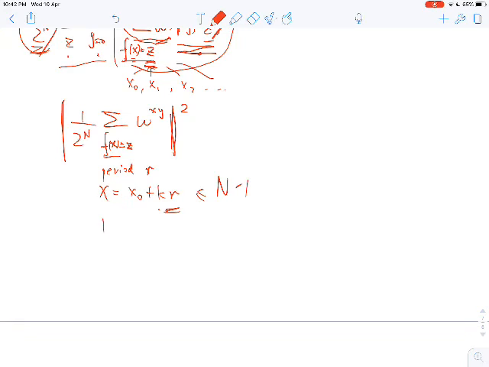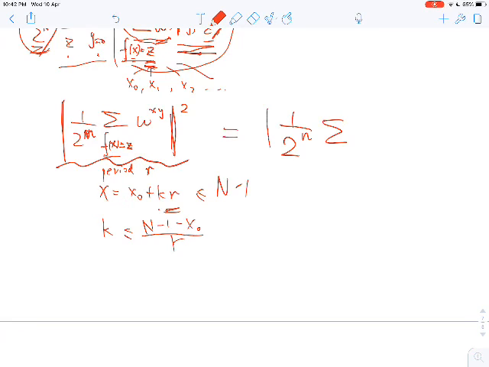Then the range of k is less than (N minus 1 minus x0) over r. Therefore, we can rewrite this number like 2 to the power n, 2 to the power small n, and sigma k from 0.